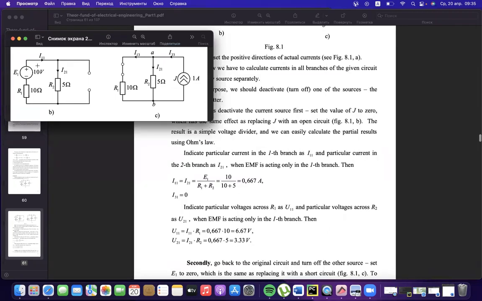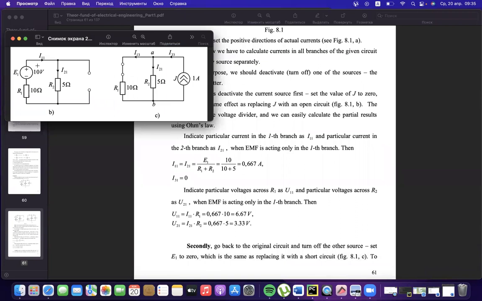Professor, after we find, I have a question, please. Yes, please. In the second picture, picture C, how did we know from where we start the direction? Generally, we choose the directions by ourselves, but we know that the current direction J from the source goes up as the arrow direction.